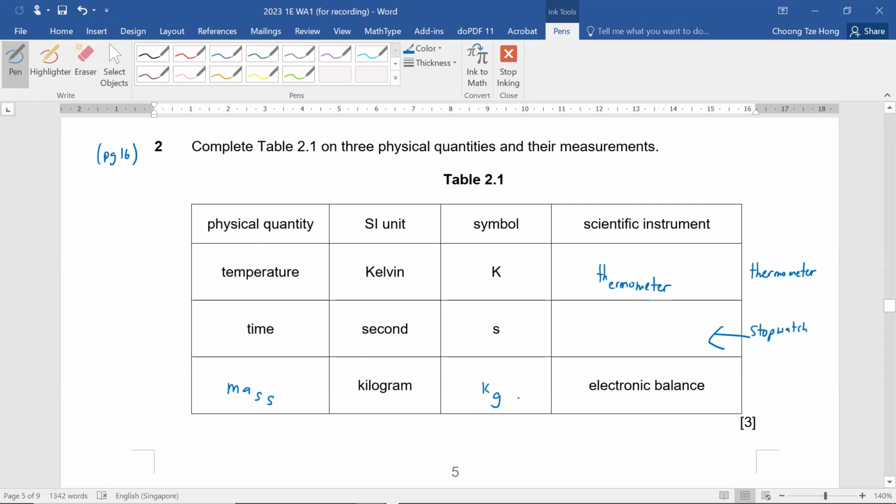It should be written like that, kg, and we'll use the electronic balance to measure it. So do refer to page 16 of your textbook. There are other SI units, for example, length, the SI unit will be meter, and then you will use a ruler or measuring tape to measure, and so on.